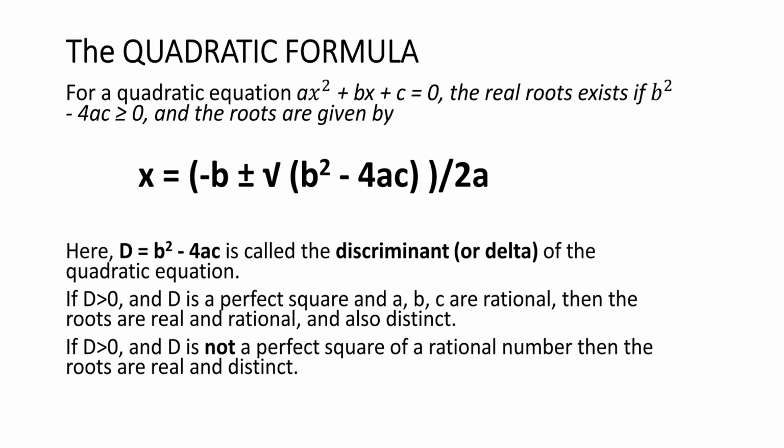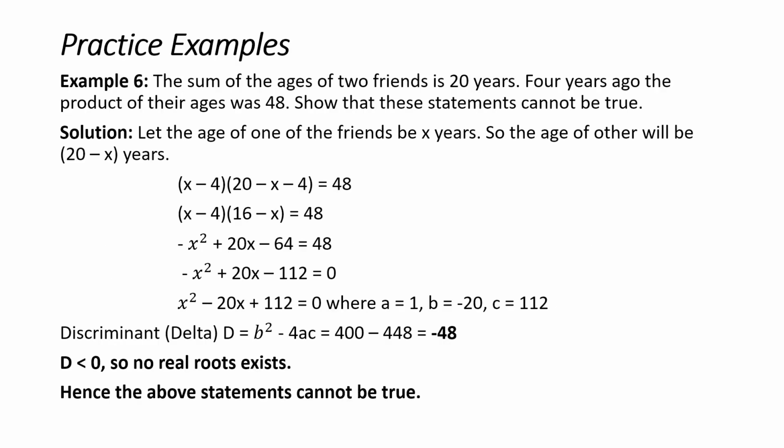If it is greater than 0, it will have real and distinct roots. If it is exactly equal to 0, it will have real and equal roots. Now if D is greater than 0 and also if D is a perfect square, we know that the roots will be rational if a, b, c are rational. And if D is greater than 0 but D is not a perfect square, then the roots will not be rational. So if you understand this concept, we can easily find the roots.